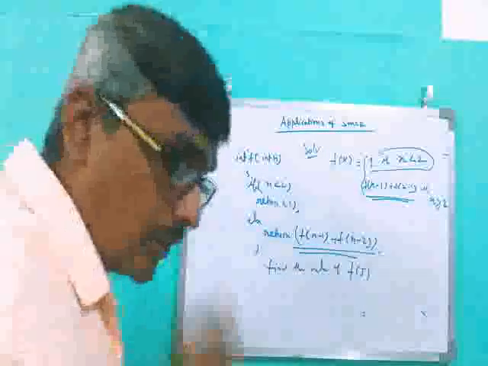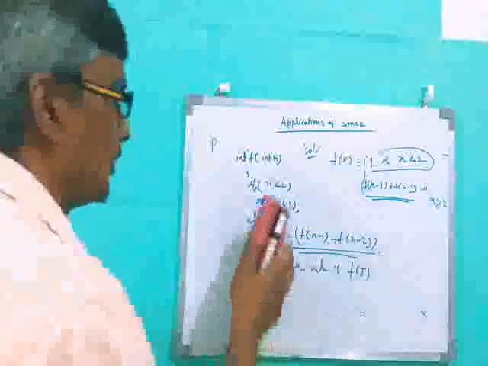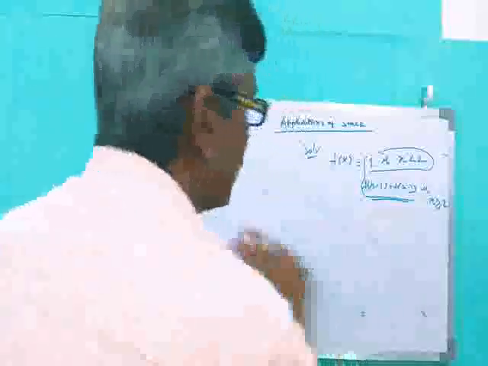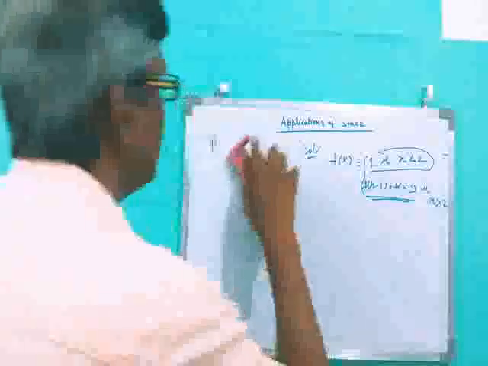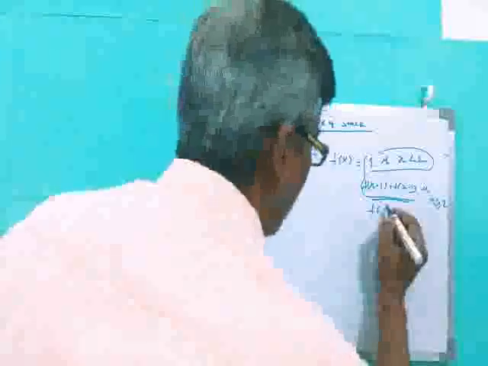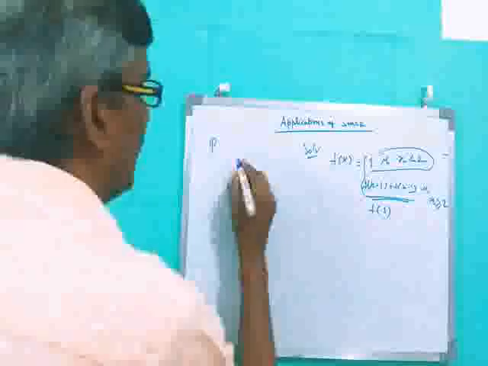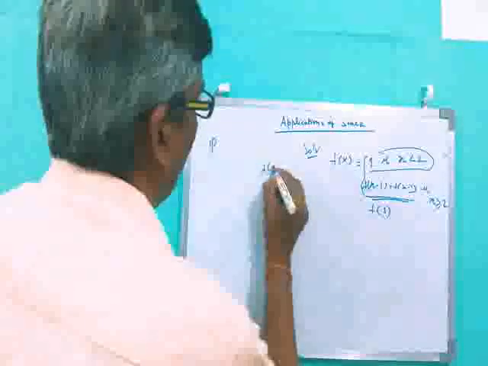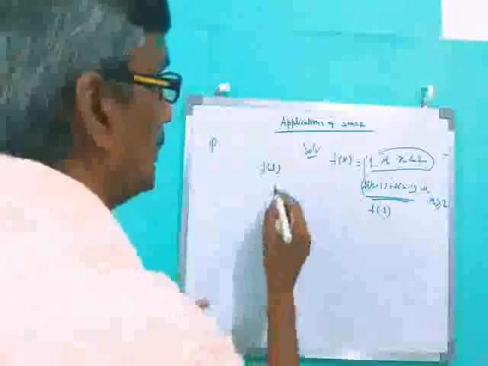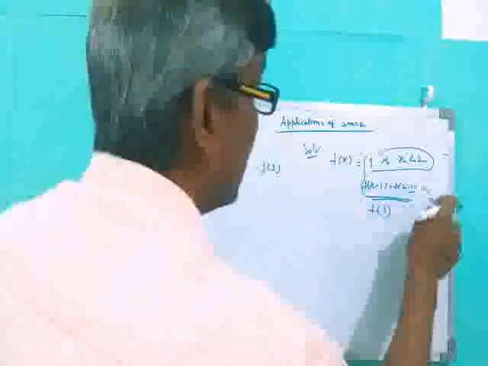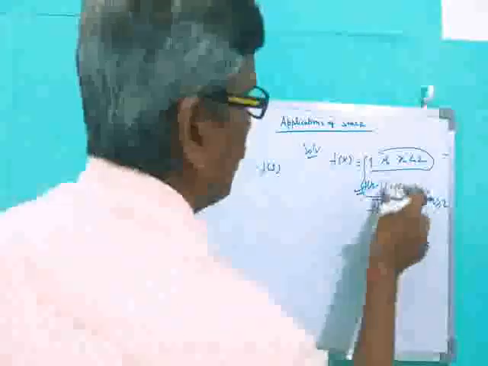So how will it be solved? I want to present the solution using a graph, because I think graphical representation is very easy to understand. The value we are finding is f5. First of all we write f5, and then it expands, because f5 is greater than 2, so we use this function.